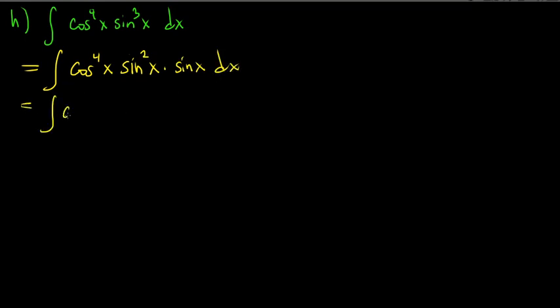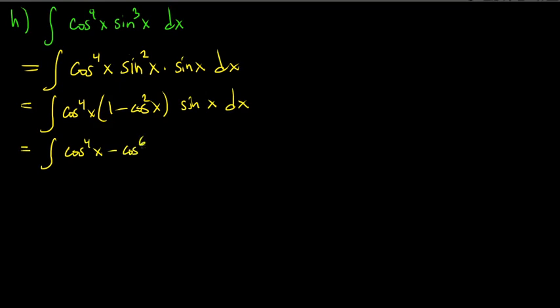And notice that sine squared is just 1 minus cosine squared, Pythagorean identity. And so now the du is just the negative sine x, right? So at this stage, I'm going to multiply this out. We're going to get cosine to the 4th minus cosine to the 6th times sine of x dx.